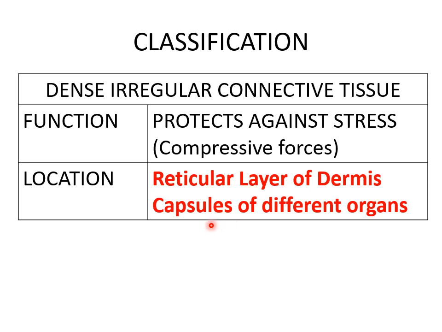Para if ever, halimbawa, nasuntok ka, wag naman sana, nasuntok ka sa likuran, ang magpo-protect against the force blow by that punch is the dense irregular connective tissue. Magbabounce lang, kumbaga. So, halimbawa sa liver. Liver is very delicate kasi. Punong-puno yan ng blood. So, kailangan niya ng protection. Okay?